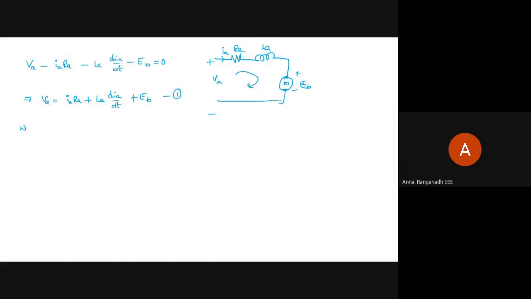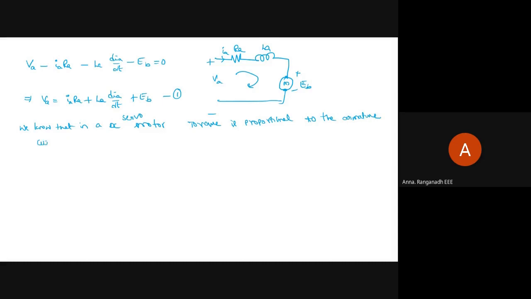Now we know that in a DC motor, or DC servo motor, torque is proportional to the armature current.